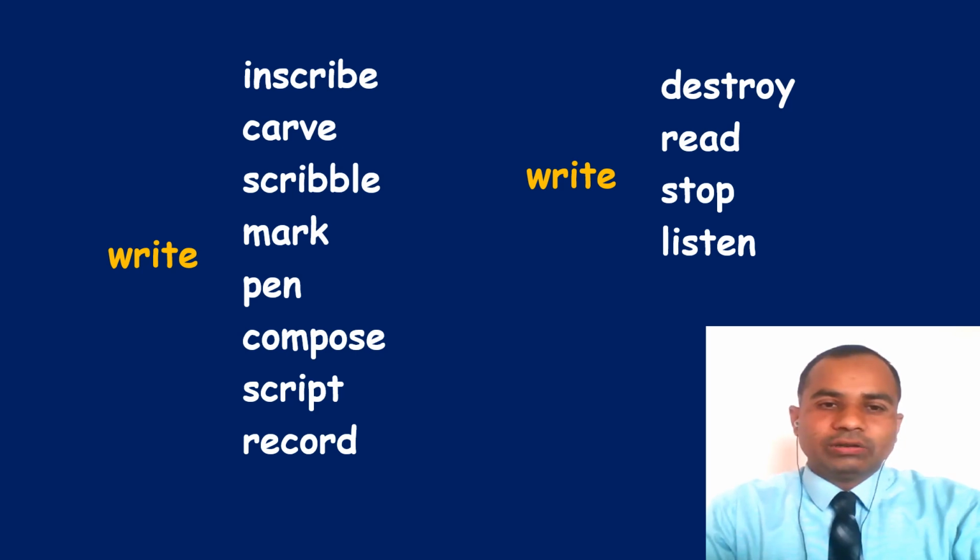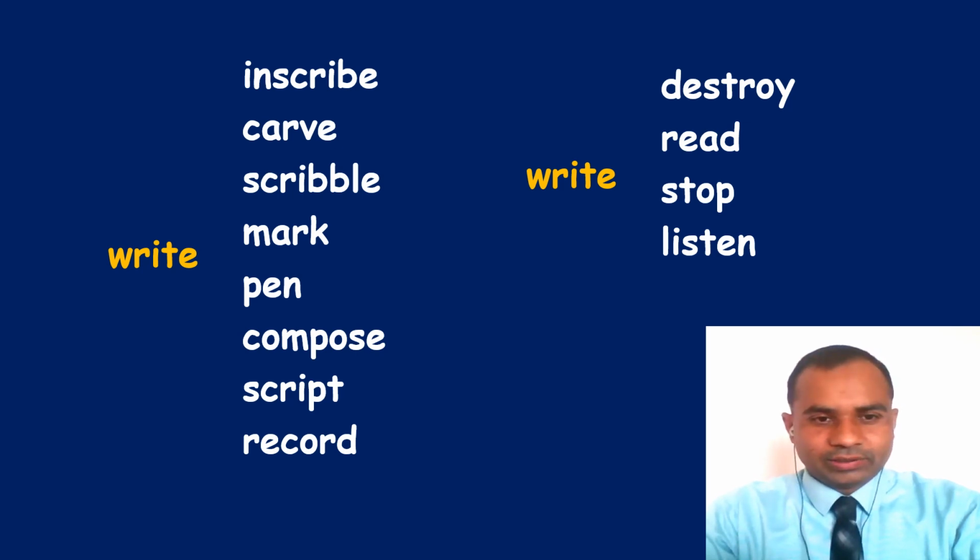So even though they are similar, we have a little difference in the meaning. Inscription is related with monuments or something like that. Carving is with some instrument or some knife or something like that. Whereas scribble means writing carelessly.